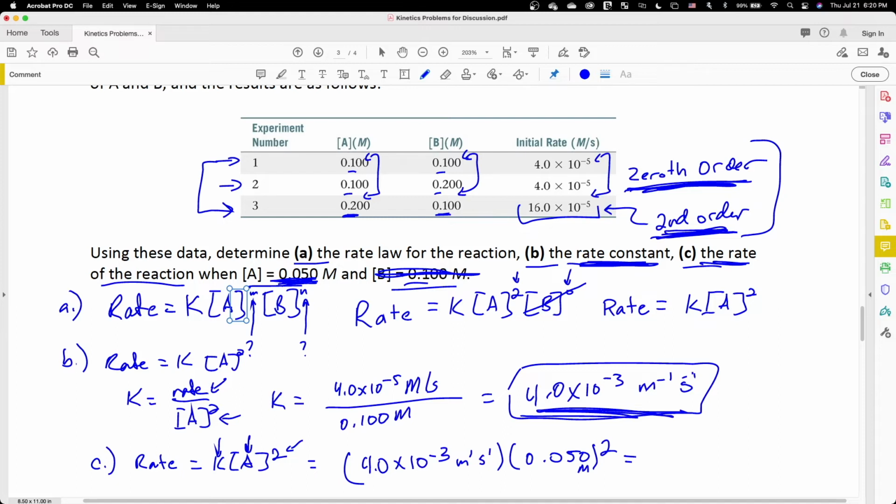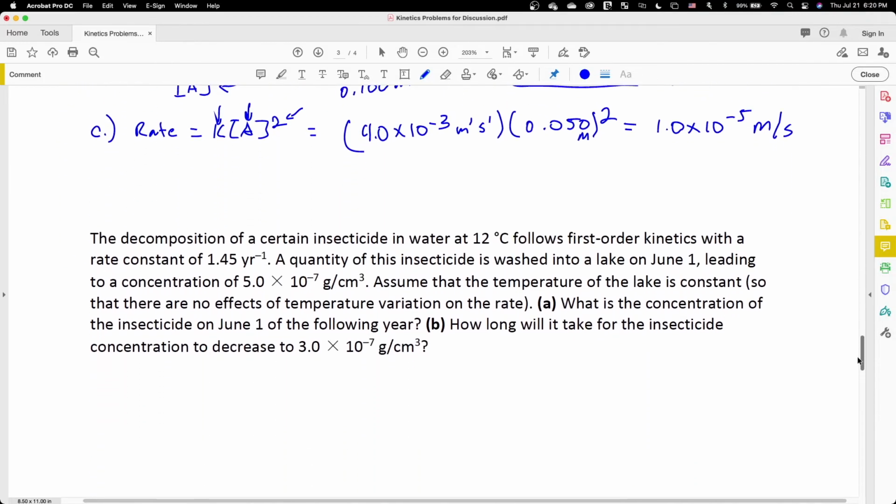And my answer, in scientific notation, is 1.0 times 10 to the negative 5 molar per second. I keep on saying meters, I apologize. Molar per second, right? Good stuff. Let's go to the next one now.